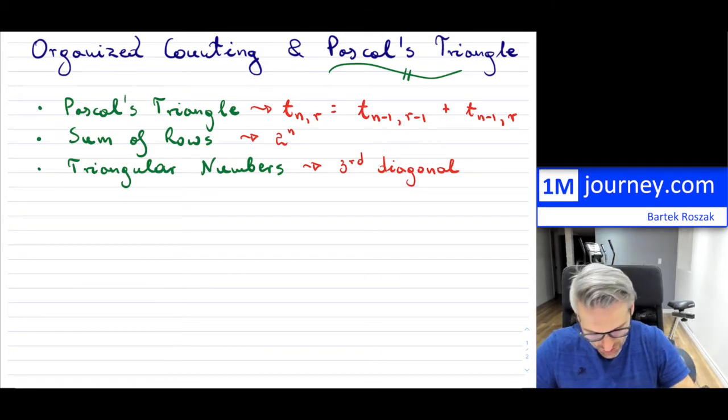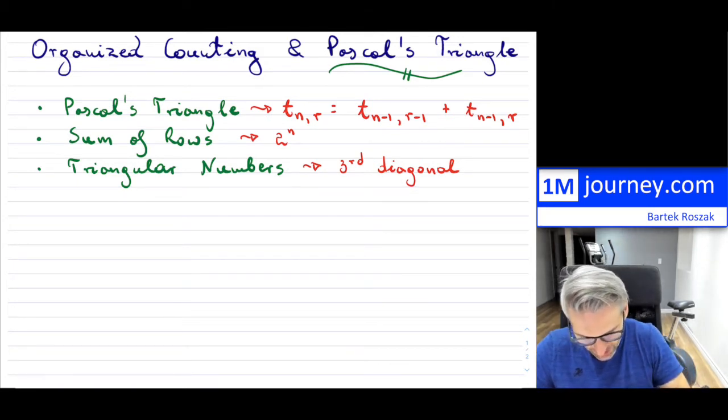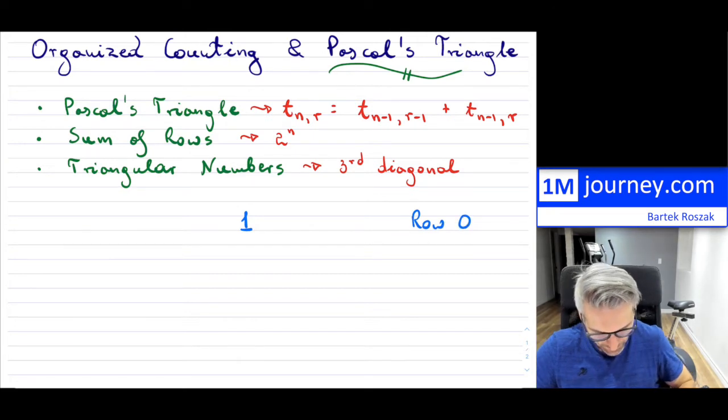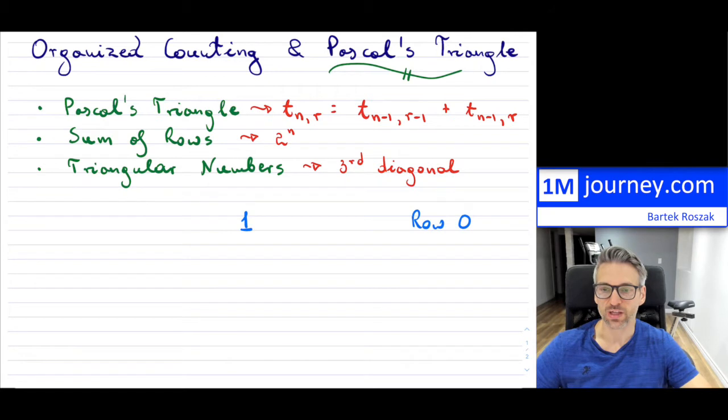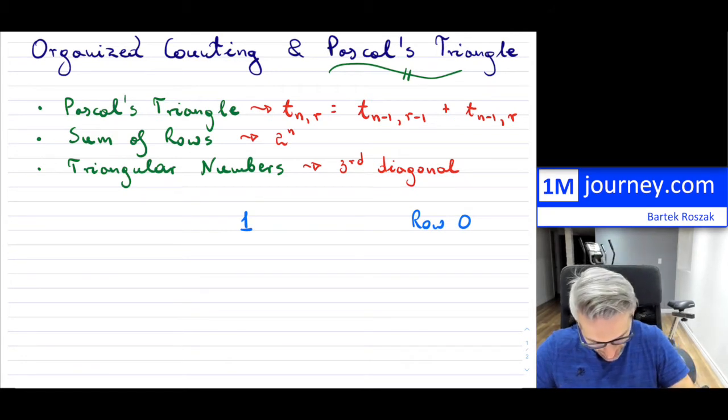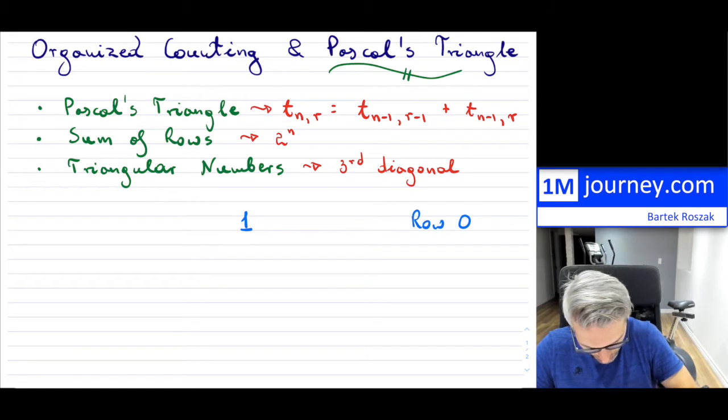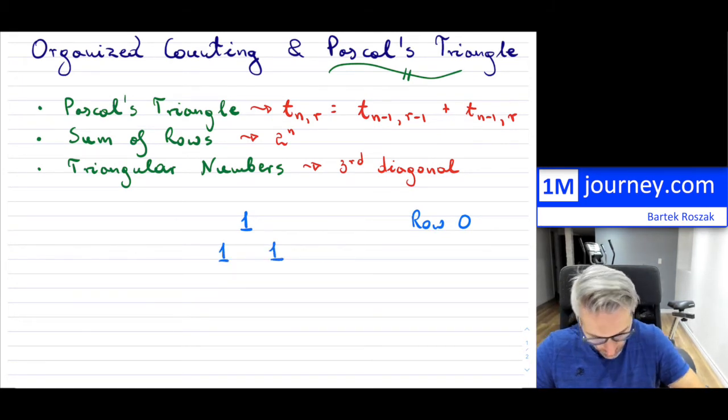If you start at the top, I didn't do this in grade 11. I started with just row number 1. But if you start with the number 1, I'm going to call this row 0. Pascal went about this by saying that if you go below it and create two adjacent numbers, this is going to be a 1 and this is going to be a 1.